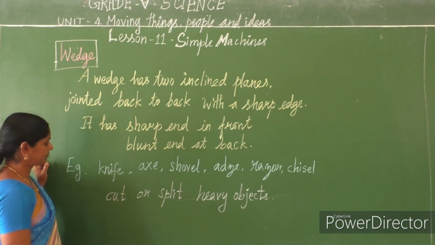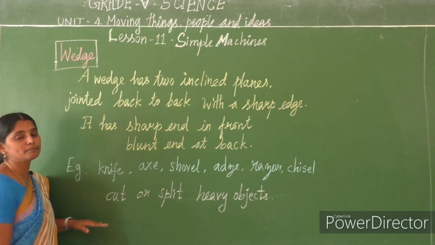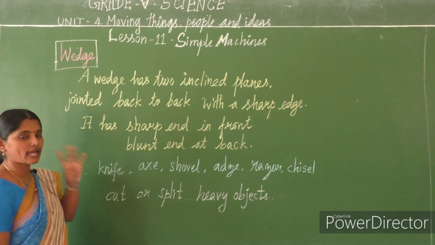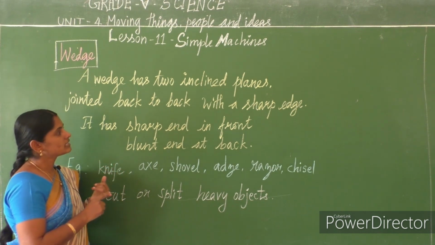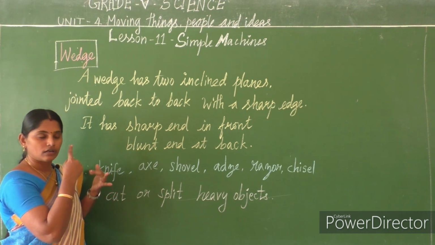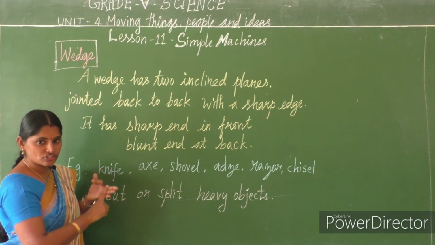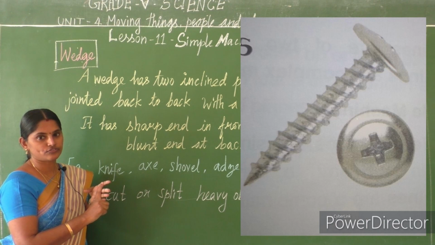Clear, children? Okay, now we'll move to the next simple machine. How many types do we see? 6 types. First one lever, second one pulley, wedge, inclined plane, all these we finished, isn't it?